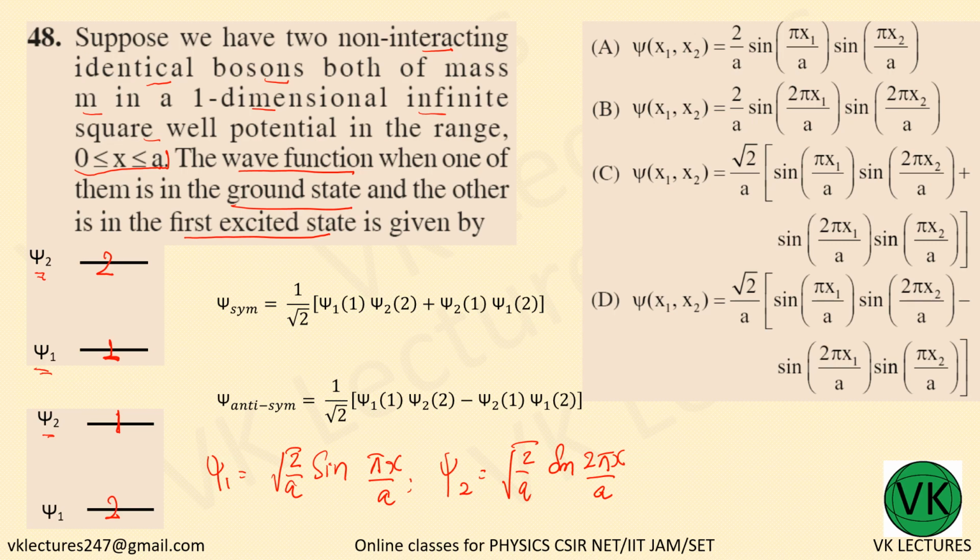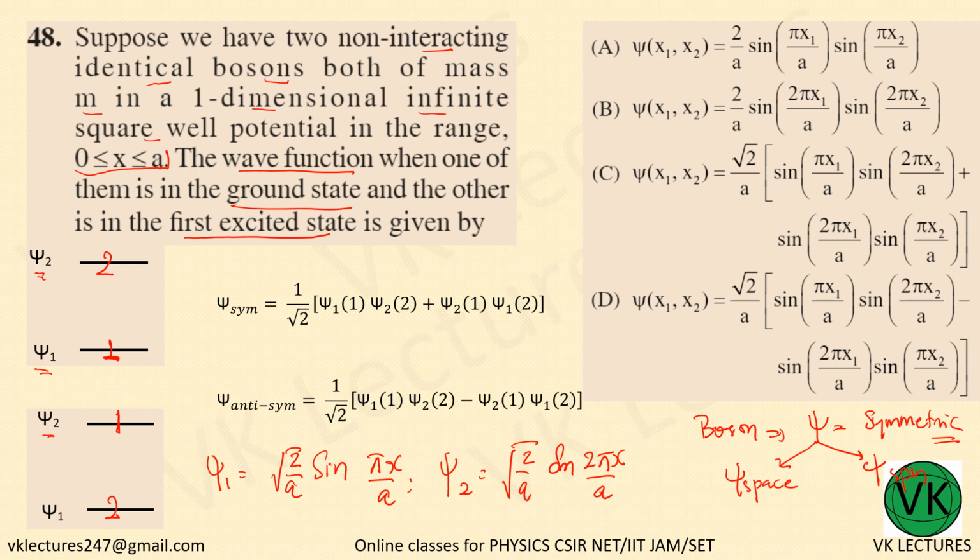Here, since bosons are present, the total psi must be symmetric. That means a wave function psi has two forms, either psi space or psi spin.